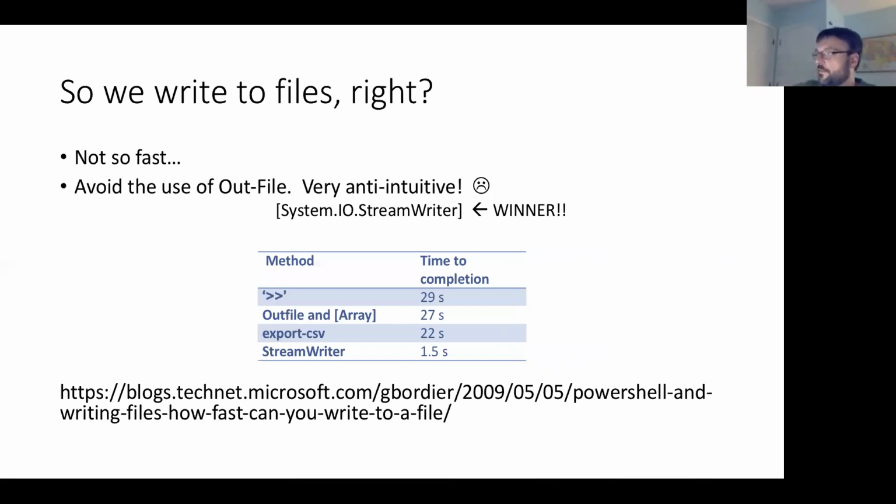What these first three options do, the alligator mouths, the Out-File, and the Export-Csv, is write all of the data to a block of memory, and then write to disk. What StreamWriter does is it streams the write actions.